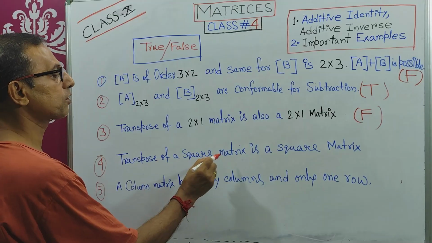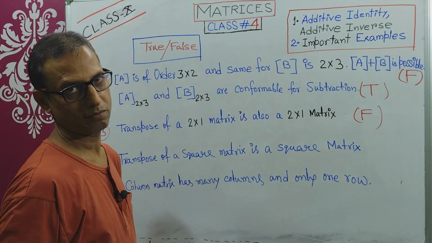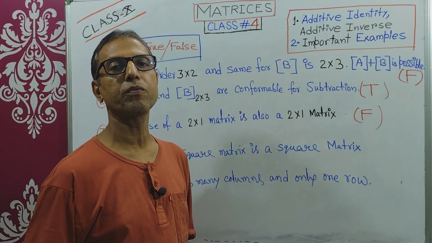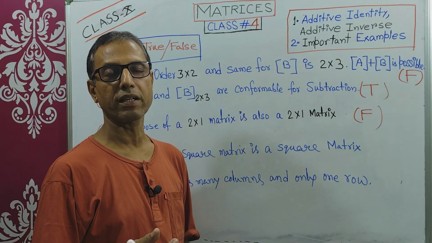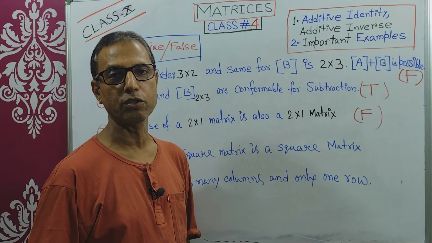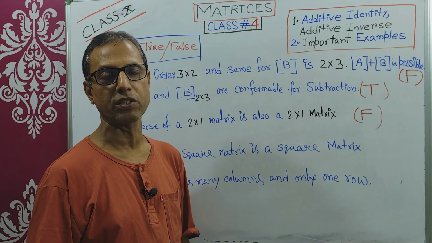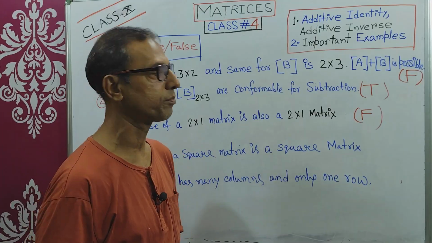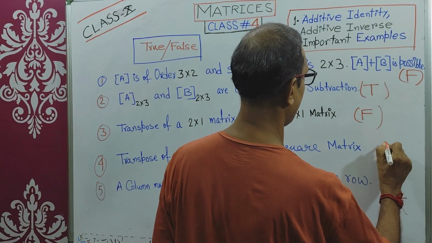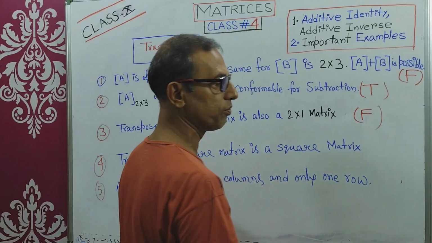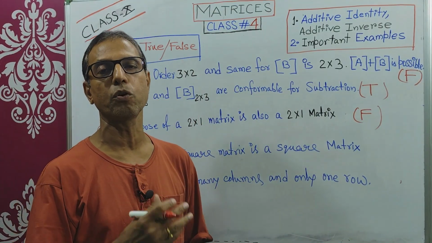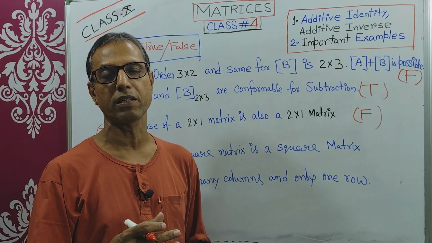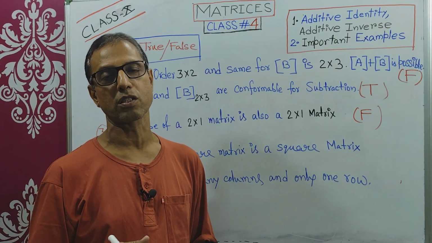Next, transpose of a square matrix is a square matrix. That is obviously true because in a square matrix you have the same number of rows and columns. So it doesn't matter whether the rows change to columns and columns change to rows. The elements will be changed, but the order will not be changed, because if the order is 2 by 2, 3 by 3, whatever it is, the number of rows will be the number of columns in the transpose matrix, and the number of columns in the original matrix will be the number of rows in the transpose matrix.